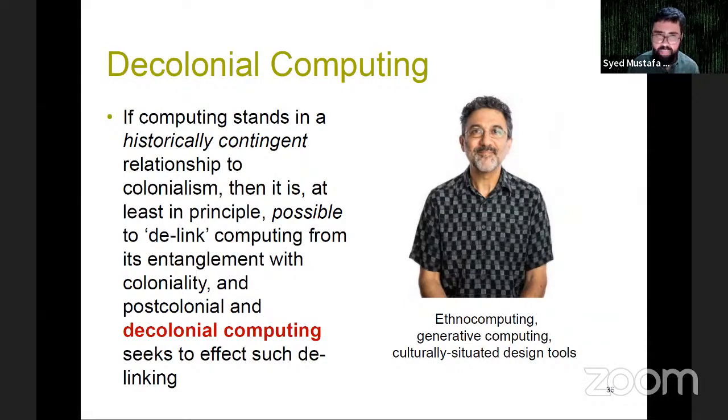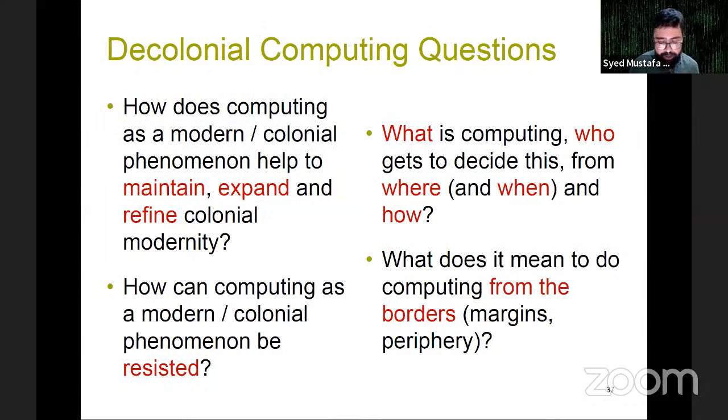By decolonial computing, and this is my take on the topic, I refer to the interrogation of computing and related ICT phenomena from a perspective informed by critical race theory and decolonial thought, where the latter is held to foreground considerations of the body politics, or who, and geopolitics, or where, of knowing and being.